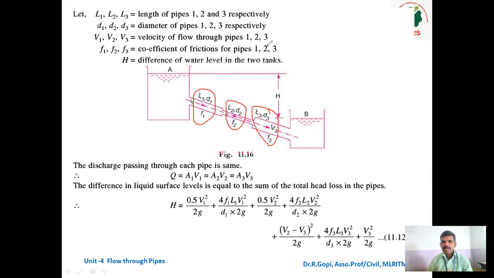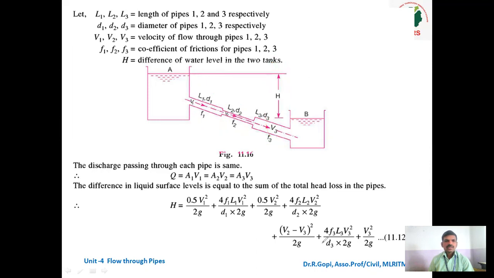Every pipe has a different diameter, so the velocity will change. F1, F2, F3 are the coefficients of friction, and H, as you can see in the diagram, is the difference in the water level, called the head.